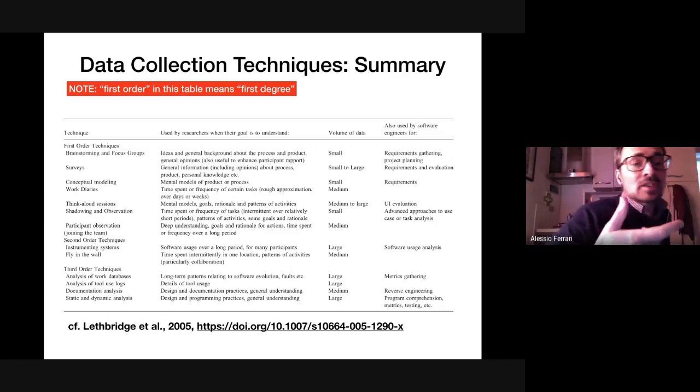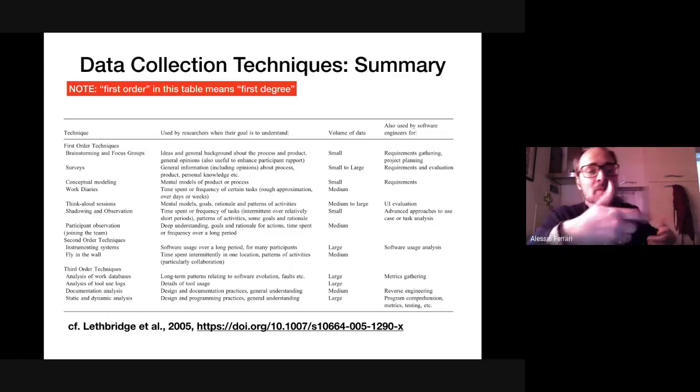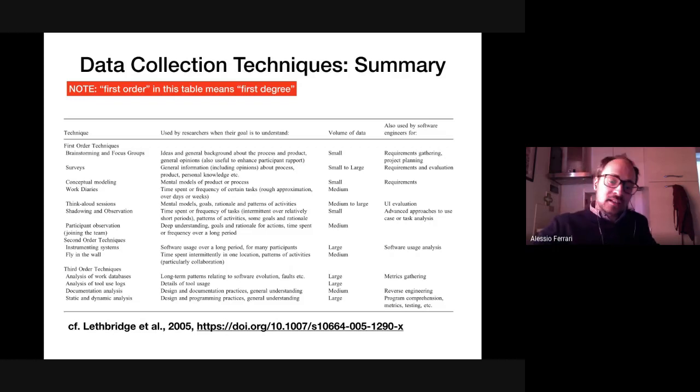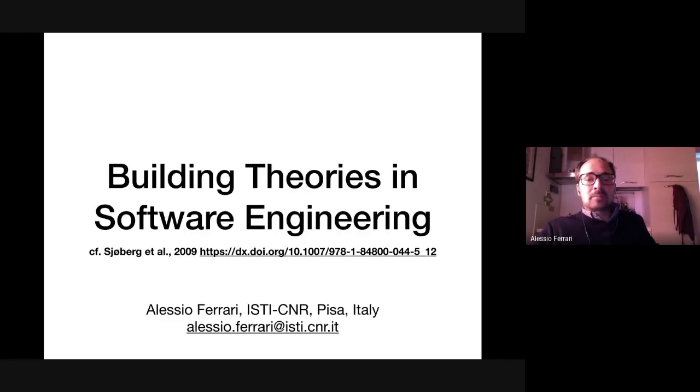And of course, conceptual modeling is also used in requirements, but also for project planning, okay? So some of these techniques are used both for understanding software engineering work, but are also used by software engineers for better performing their work, okay? You can check this paper and see the table. Basically, the things that I said now in this second part of the lecture are all included in this paper.